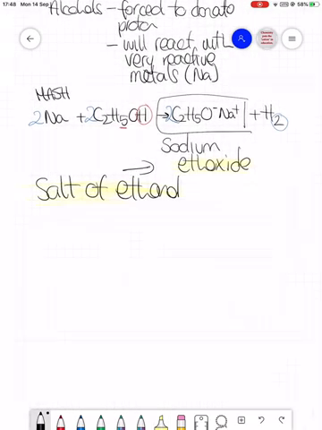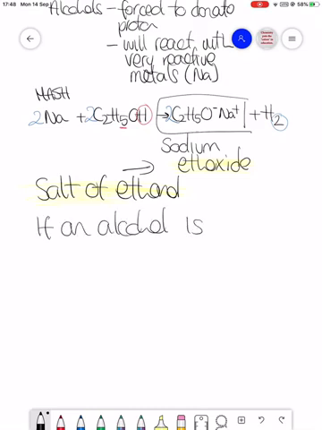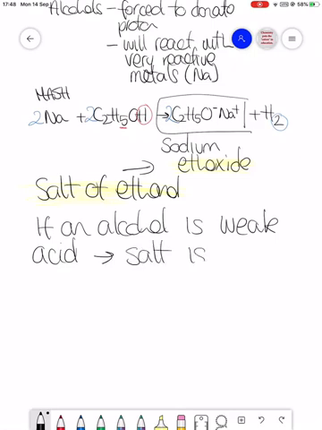Now, we have to go back to when we did the very end of acids and bases theory. So if an alcohol is a weak acid, what can we say about its conjugate base? The salt is a strong conjugate base.